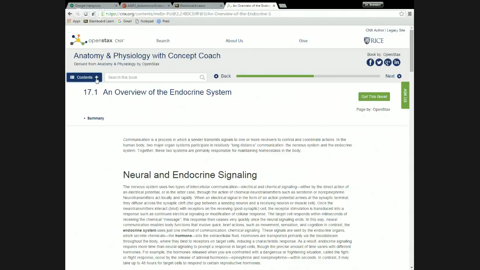Now, what do neurotransmitters bind to on the target? Right. And so we call those neurotransmitter receptors. And what do hormones bind to?